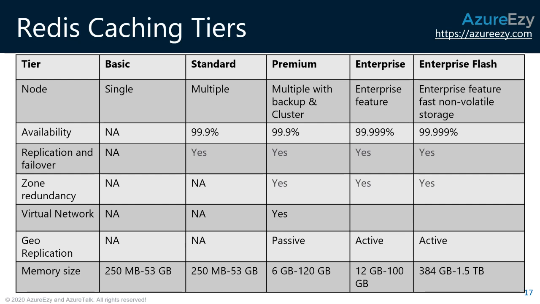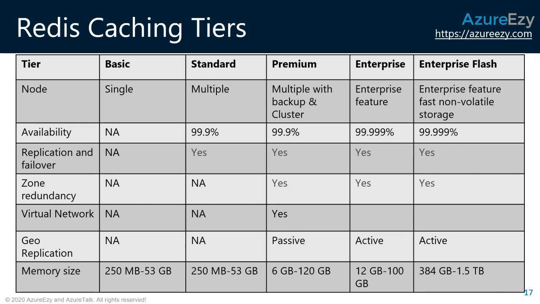Then after premium, you have the next level, which is enterprise and enterprise flash. Enterprise and enterprise flash have a few things in common. Definitely, they have all the things we get in premium plus a few additional things. One additional thing is the availability option: it has a 99.999% availability guarantee.